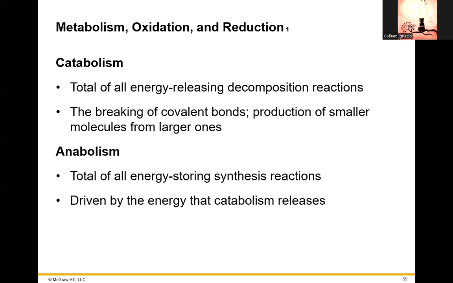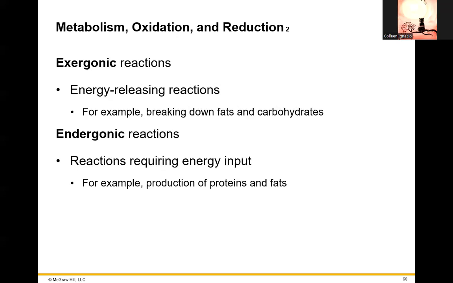We're breaking down covalent bonds. We're producing smaller molecules from larger molecules. So those larger molecules are being broken down. Anabolism is we are synthesizing, we are building, okay? We are building, and that is the energy storing synthesis reaction that happens with anabolism, okay?